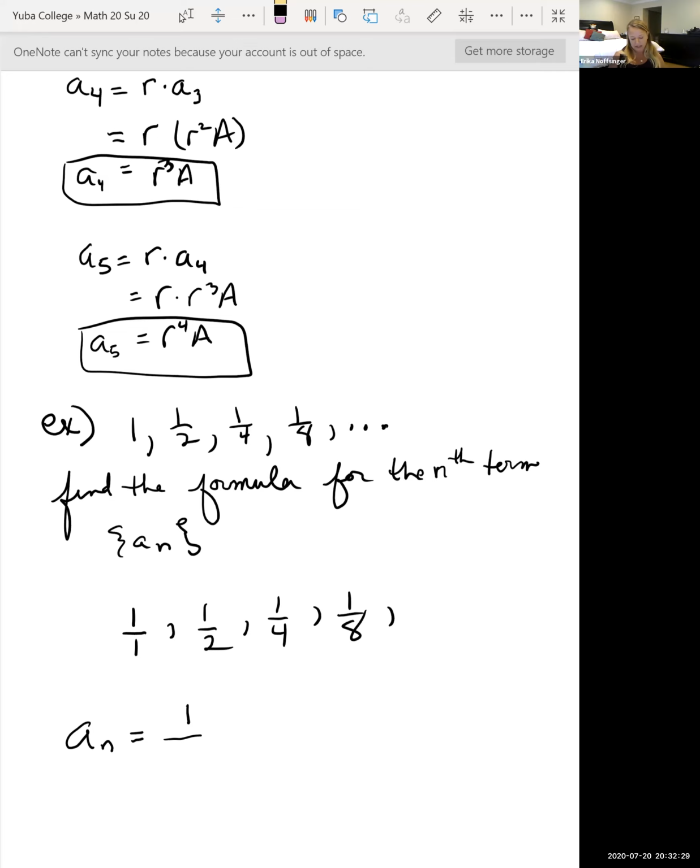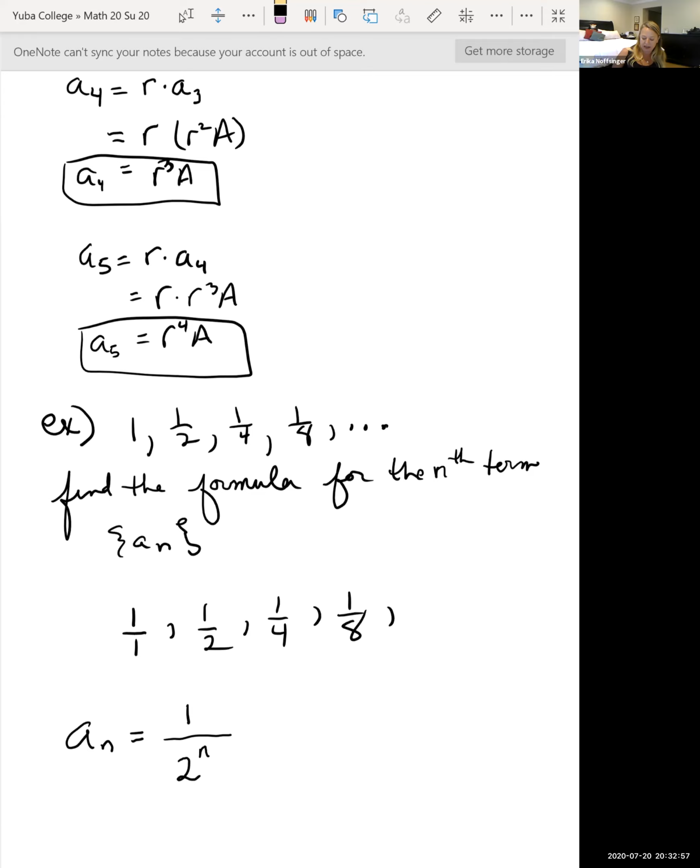If I look at my denominator, 2, 4, 8, I'm noticing that this looks like a 2 raised to an n power. If I have 2 to the first power, I have 2. If I have 2 squared, I have 4. If I have 2 cubed, I have 8. The thing is that I want a 1 down here when I start my first term.